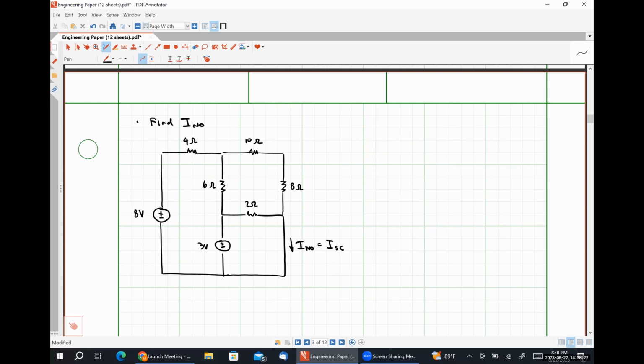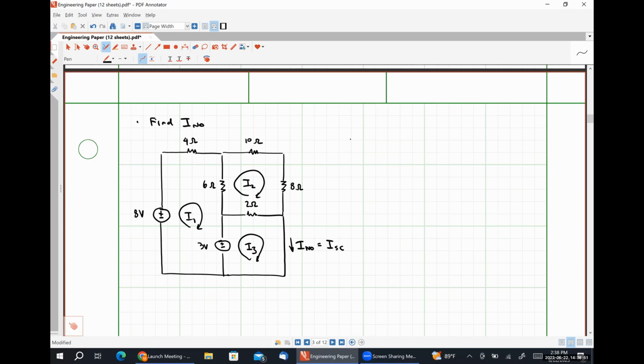And we find this current using literally any circuit analysis method that makes sense to us. So I am going to choose to do mesh analysis here, where this is mesh current I1, this is mesh current I2, and this is mesh current I3.